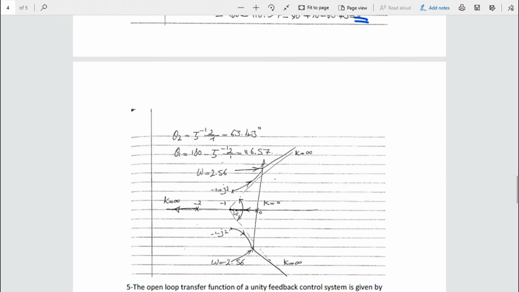The intercept of the asymptote is also at -1. So the asymptotes will be at -1 at angles of positive 60 degrees and -60 degrees. And the angle of departure over here is 0.